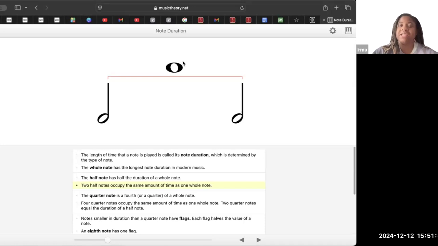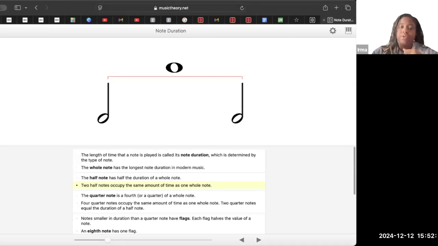It's like saying this is a whole dollar, and you took it and got four quarters and split them into 50 cents each. They still have the same value if you put them together, but when you split them up, the durations change. Then you would have half the amount of a dollar in each hand versus one whole dollar together.